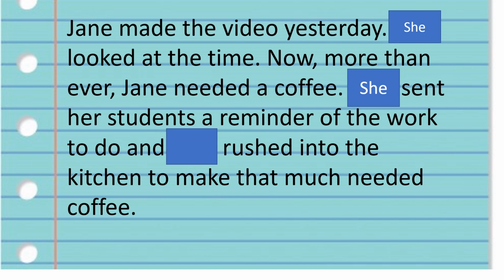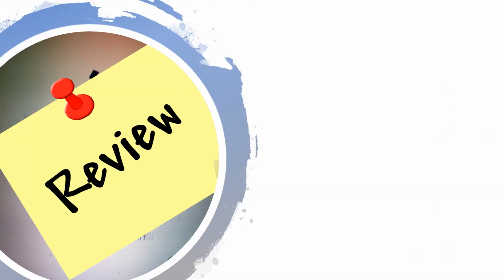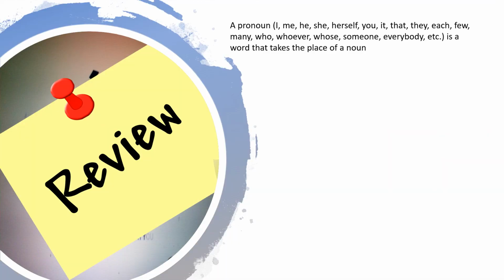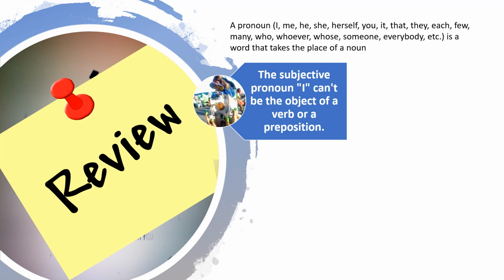So think about how you do that in your own writing. And just a quick review, make sure you know what the pronoun is. It's a word that replaces the noun, but in writing it's important to think about it as a word that we use to avoid repetition. You can't use the subjective pronoun I after the verb. It can't be the object of the verb.